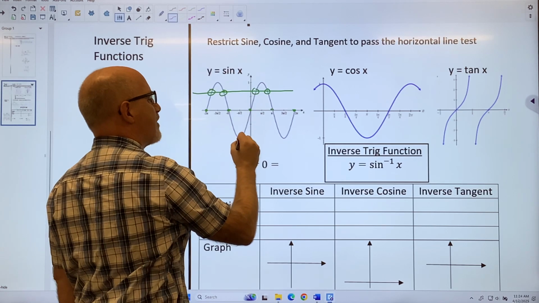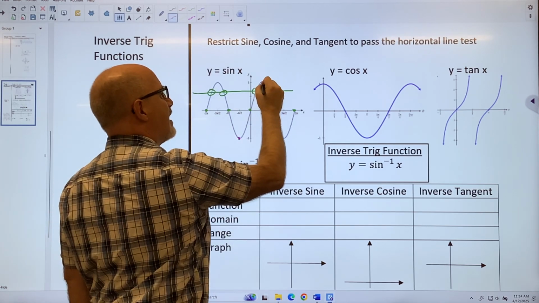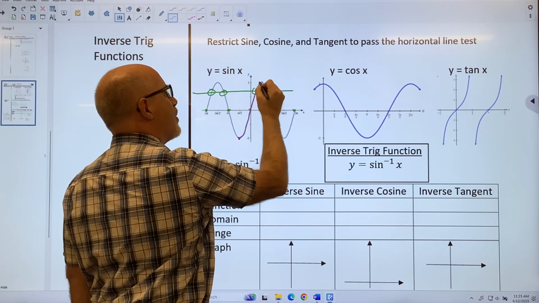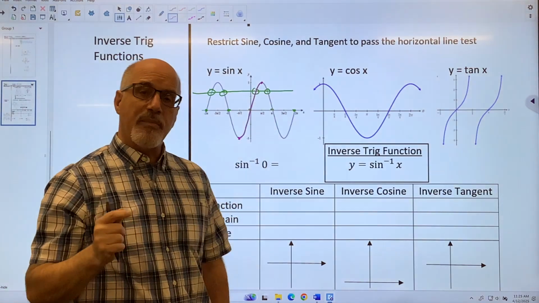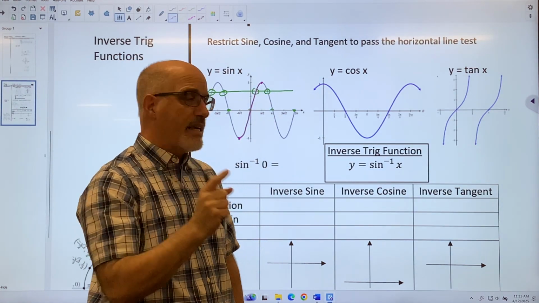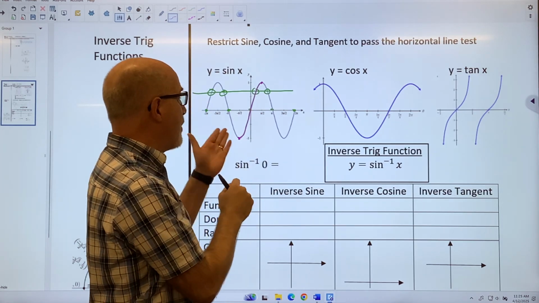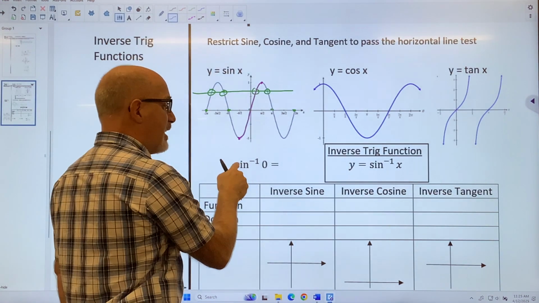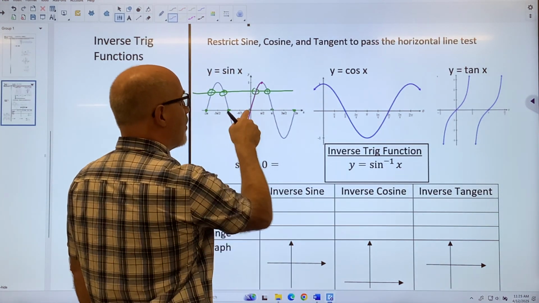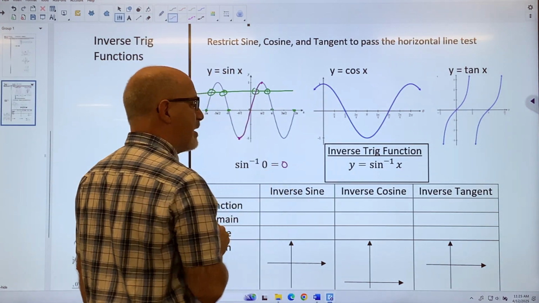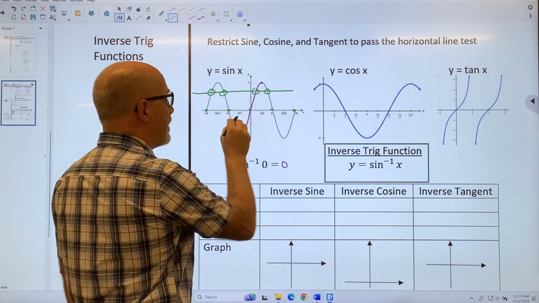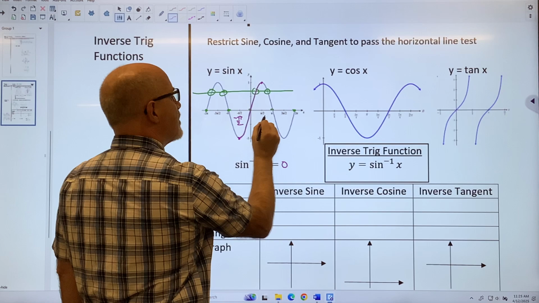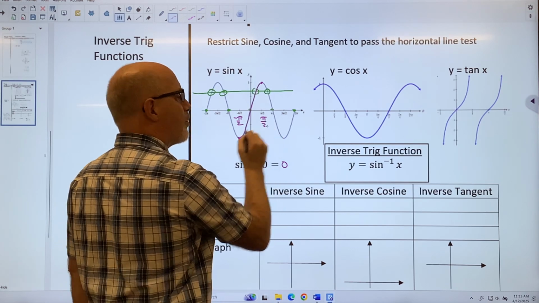If I restrict it from here to here, notice this portion of the graph only hits that horizontal line once, and every horizontal line. Now with that restriction, I now have a one-to-one function. And so the inverse of sine of 0 would be 0. I'd get out that other value. So if you look at this, this is from negative pi over 2 to pi over 2 if you're dealing with radians.